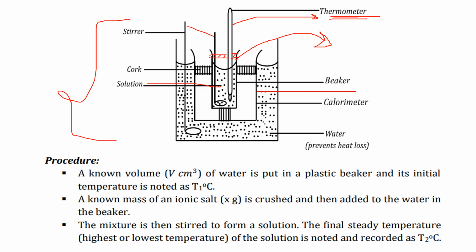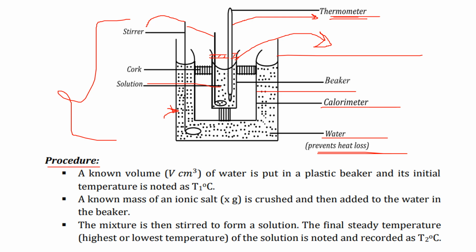So it's acting as a temperature regulator. And then we put it in a bigger tube which contains water, and this is purposely to prevent heat loss to the surrounding. This tube is also given a stirrer so that we can easily prevent the environmental temperature from affecting our experiment.